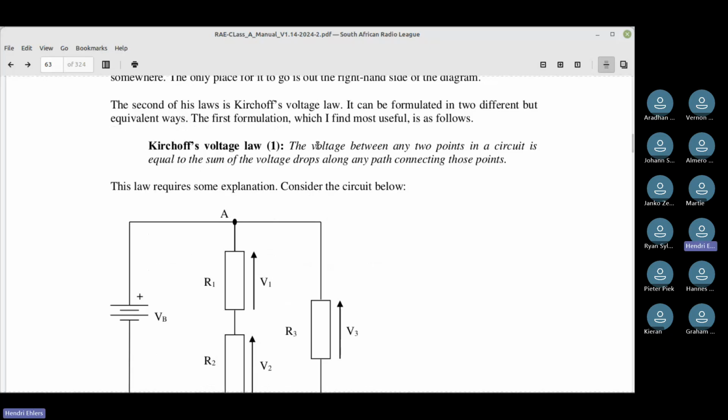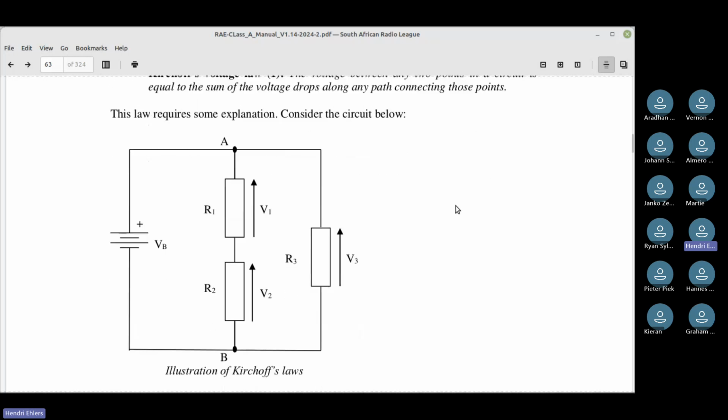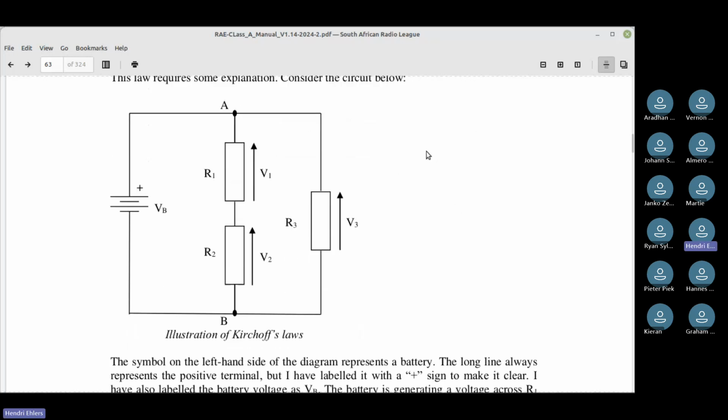Okay, this is the voltages one. So the voltage between any two points in the circuit is equal to the sum of the voltage drops along the path connecting those points. So in other words, if we say, for argument's sake, this battery is 12 volts and this side is the 0 volt line, this side you're going to measure 0 volt and this side you're going to measure 12 volt.